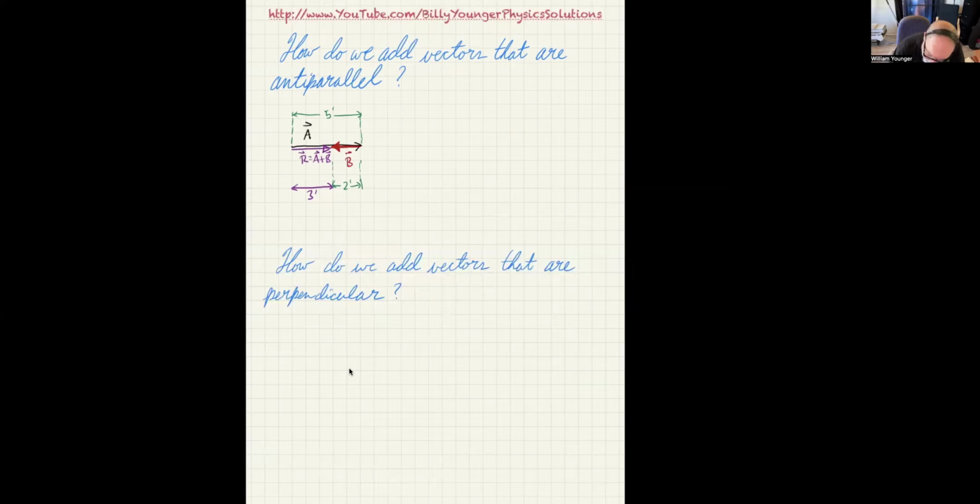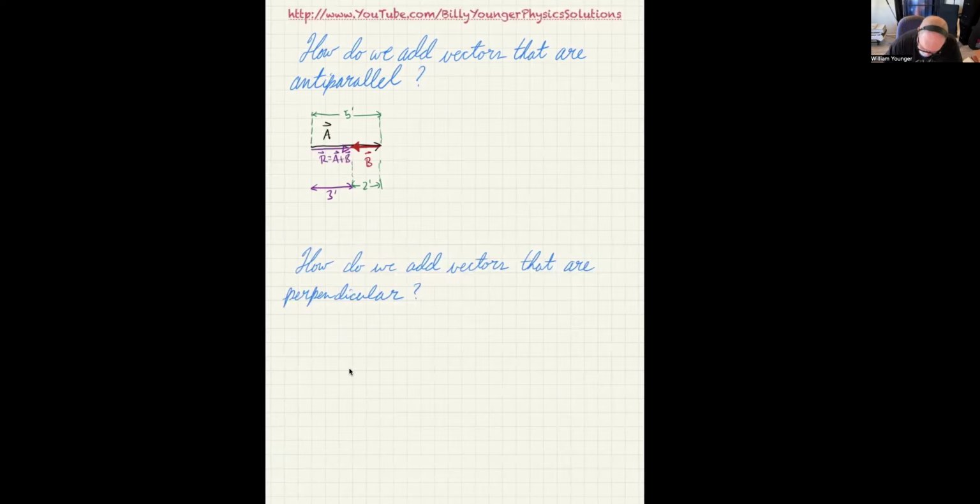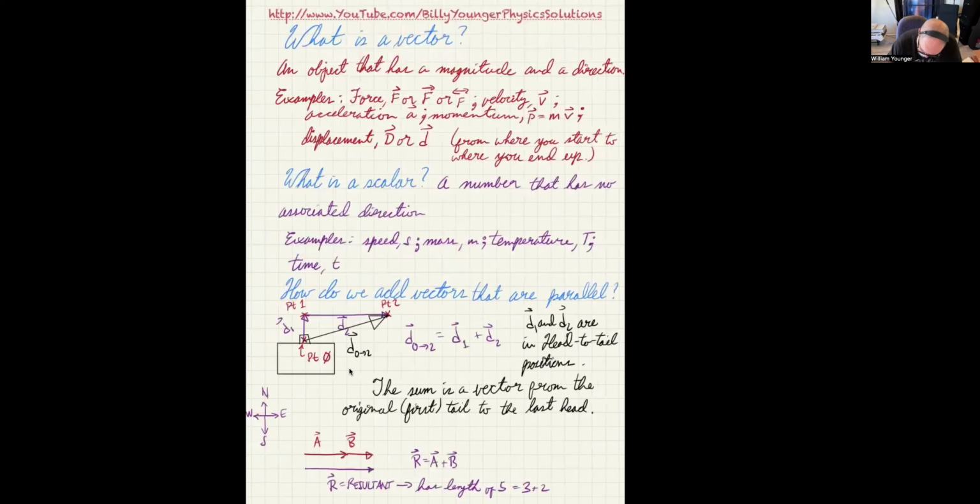So in the case of parallel vectors, the sum of the lengths is the total length, and the direction that they both had is the total direction. Remember, a vector is supposed to have magnitude and direction. I just told you how to do the magnitude.